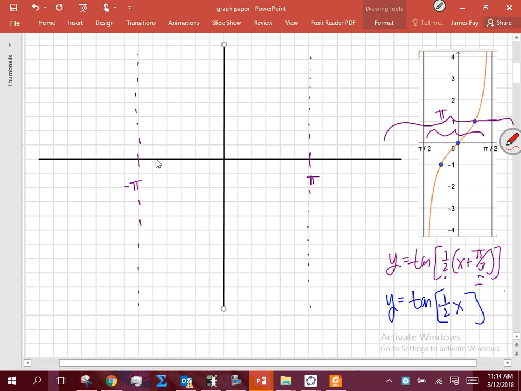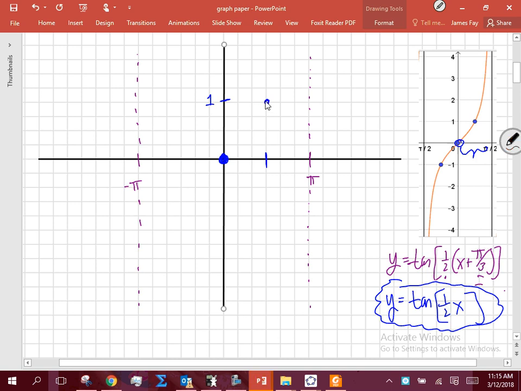So, that being said, okay, this should be a lot easier to graph now, because it should follow the same symmetries that this parent function had. All right? So halfway between your asymptotes, you have an x-intercept. So that would mimic to that point right there, right? Okay. Now, between that point and either asymptote, you reached a height of 1, right? So halfway in between, I should reach a height. I will put 1 here.